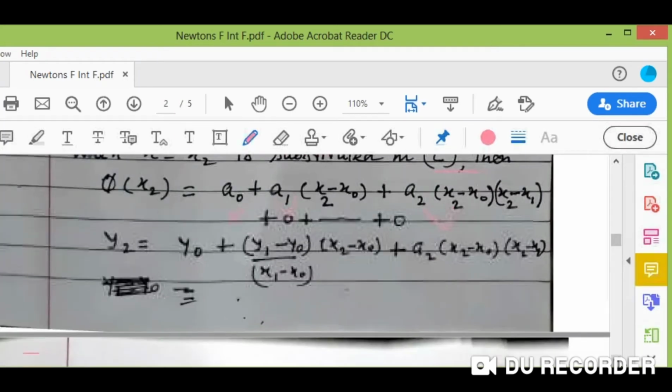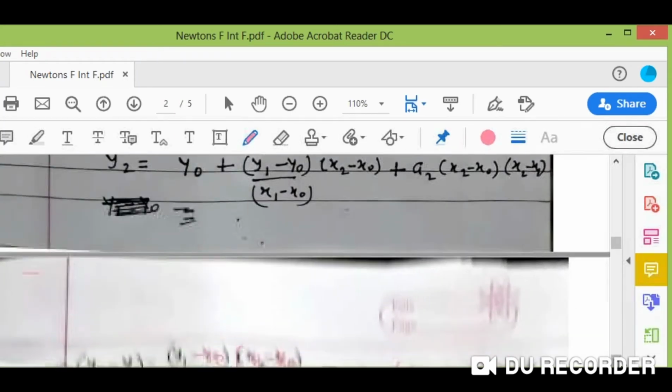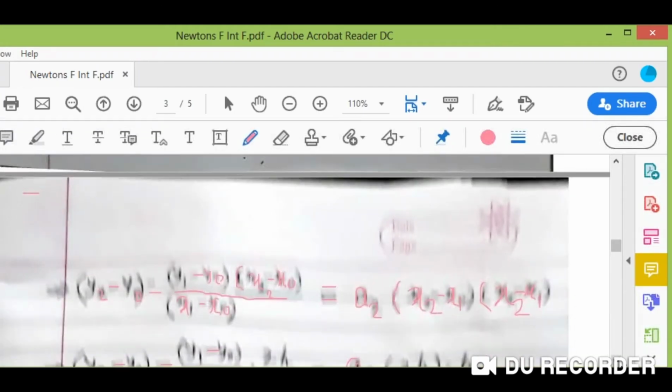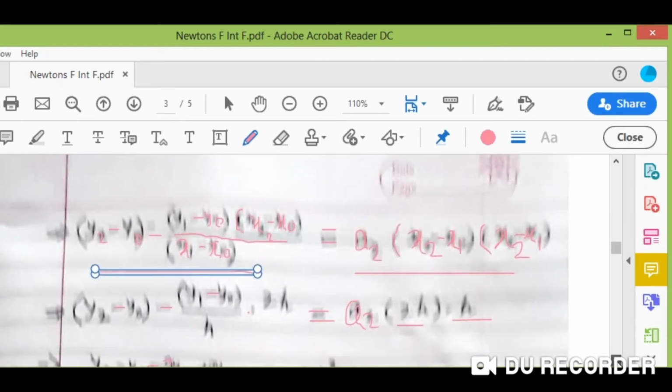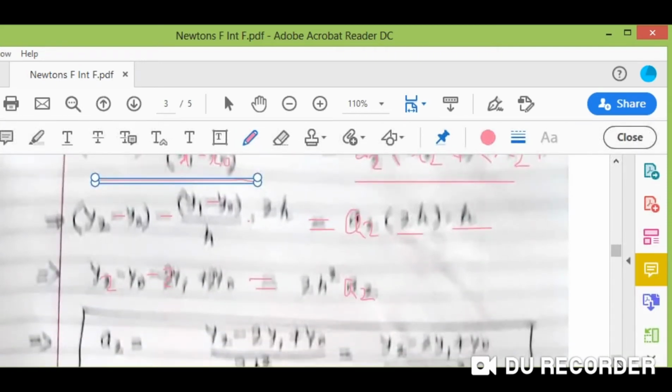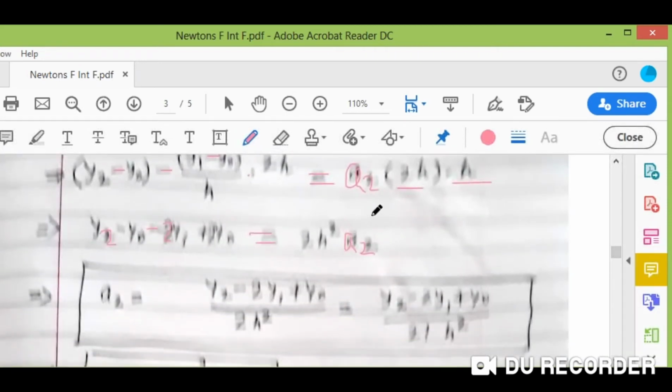And after simplifying and substituting the values of A0 and A1 in the above expression, it becomes this way, and ultimately we substitute the value where, for example, 2h.